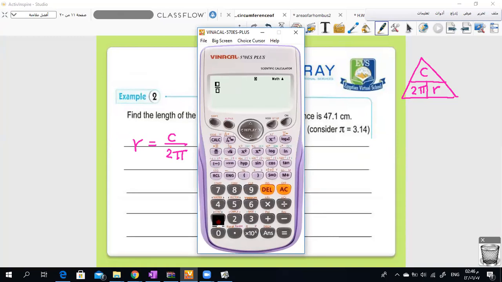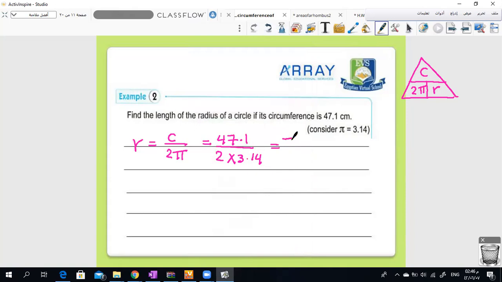Put C up, which is the circumference, which is 47.1, and use this arrow to go down. It's 2 multiplied by 3.14 equals, in decimal form, it's 7.5. So it's 7.5 centimeters.